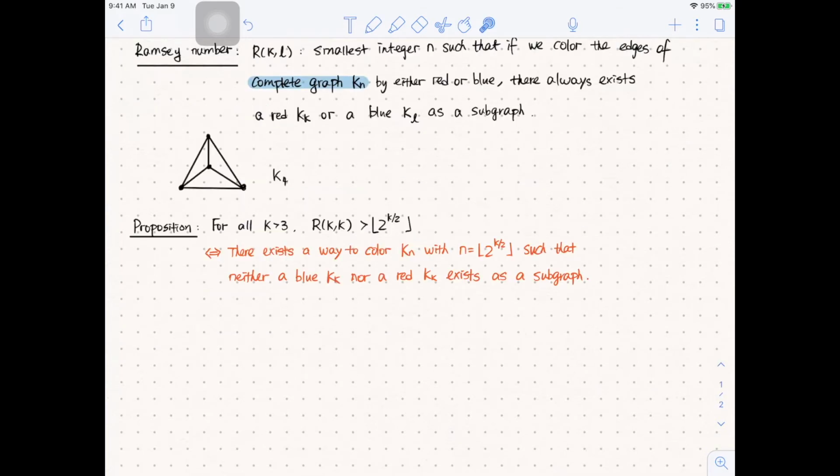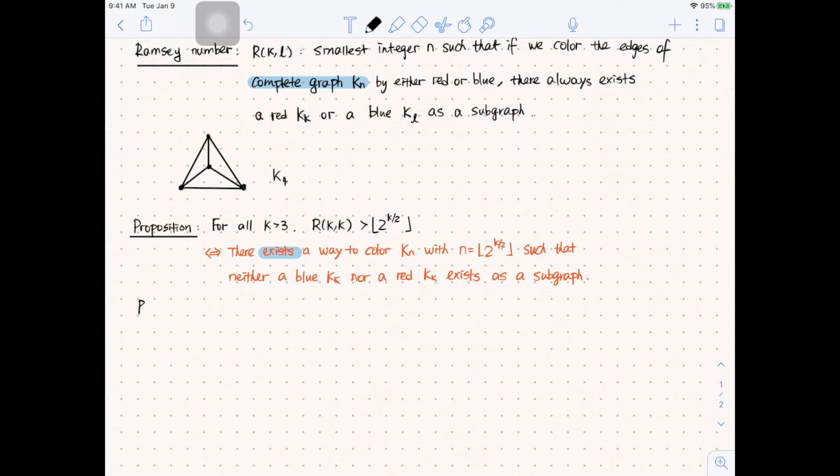To show that the Ramsey number is strictly greater than this quantity, it is enough to show that there is a way to color a complete graph with exactly this number of vertices such that there's no blue complete subgraph with k vertices, and also no red complete subgraph with k vertices. So essentially, we convert the Ramsey number problem into an existence problem, and now we can use the probabilistic method.